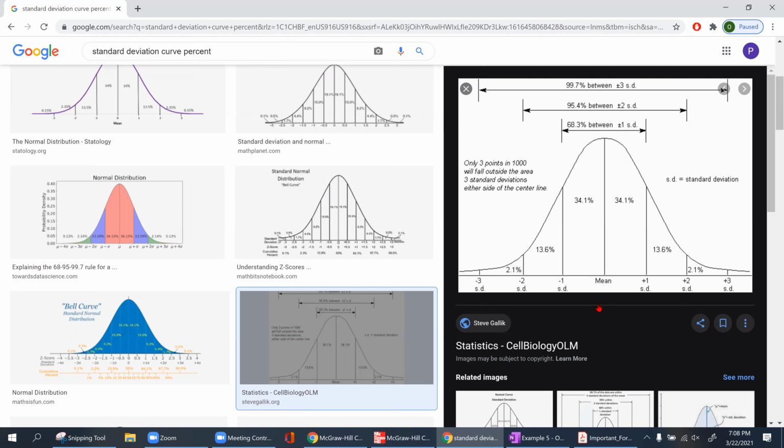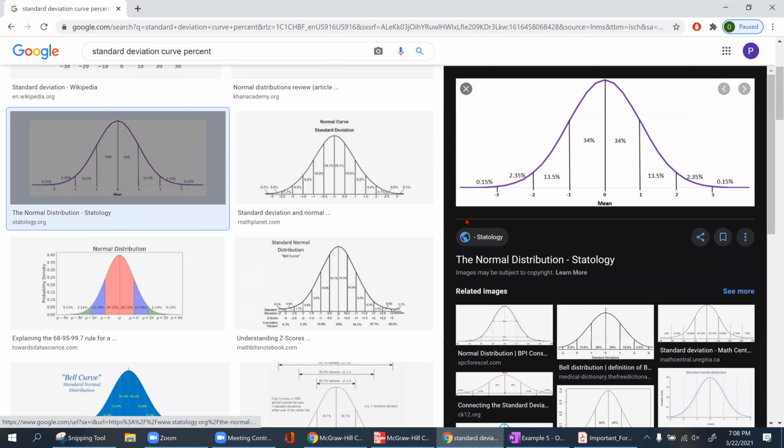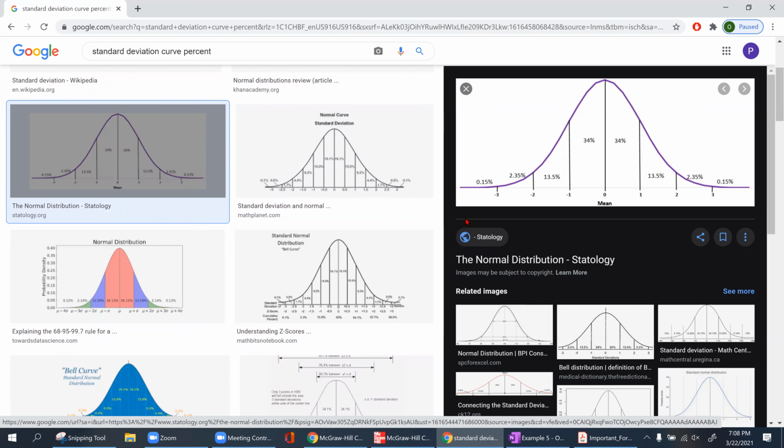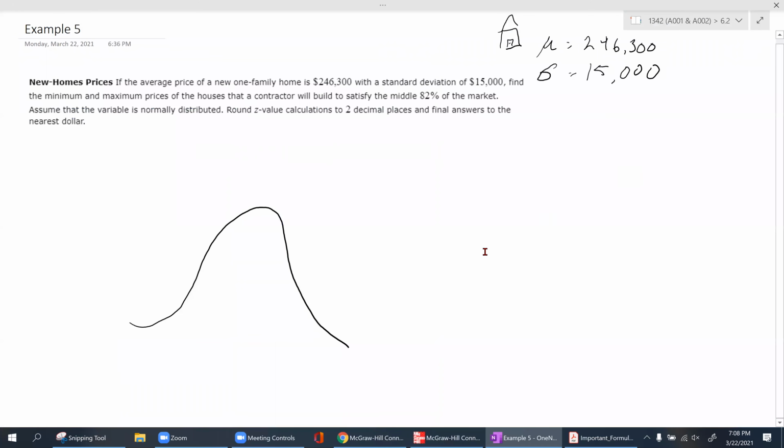In other words, if 68.3 engulfs the whole thing, then approximately each side is going to have 34.15 and the other side 34.15. We mentioned this a few sections back, so we're going to go ahead and use that idea going in.